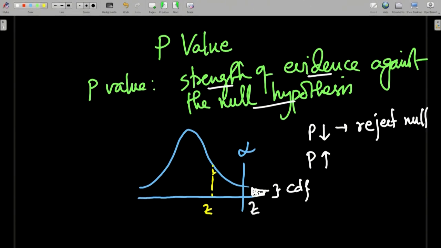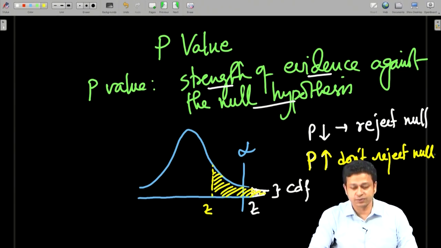So, the p-value would be this much, the whole area under this curve, and I will use the yellow color here if the p-value is high. So, I will say do not reject null. That is how we use the p-value in taking the decision, right. So, this is a mechanical part of the p-value, how we usually use it, but we need to actually understand where it has come from.